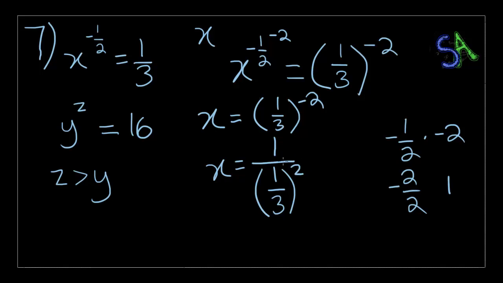So 1 over (1/3) raised to the power 2 will be equal to 1 over 1/9. 3 squared is 9, and 1 divided by 1/9 is equal to 1 times 9/1, which is equal to just 9. So x is equal to 9.